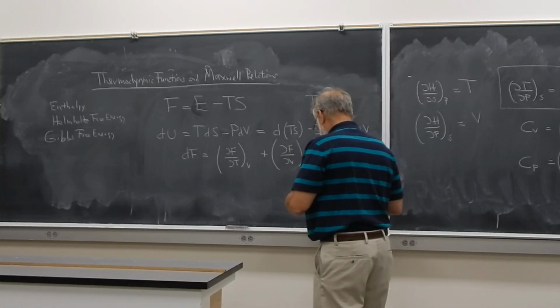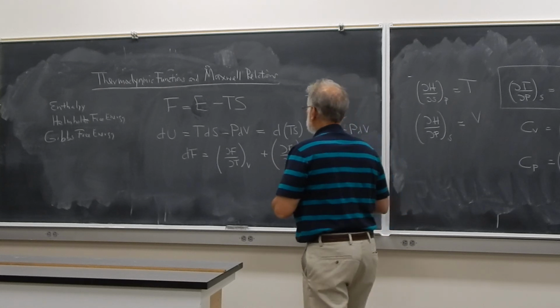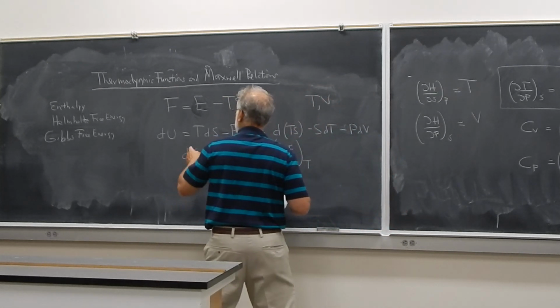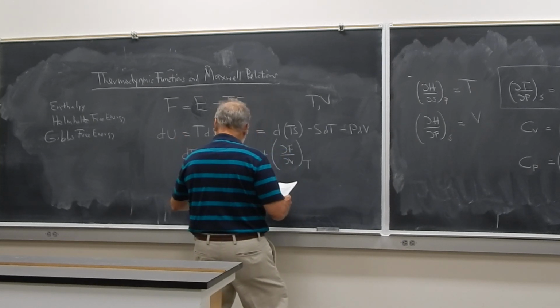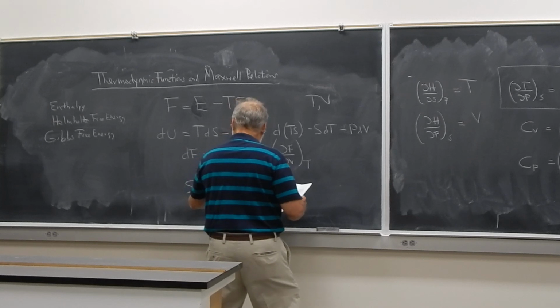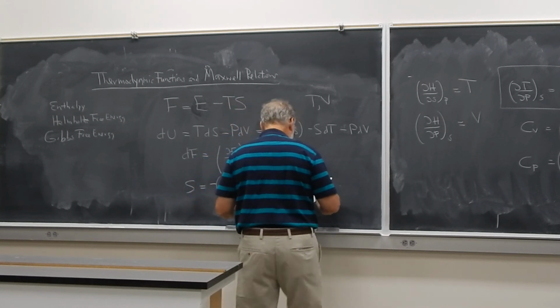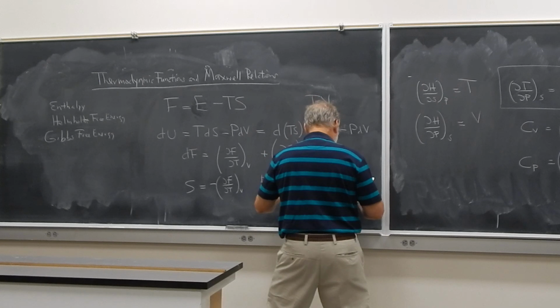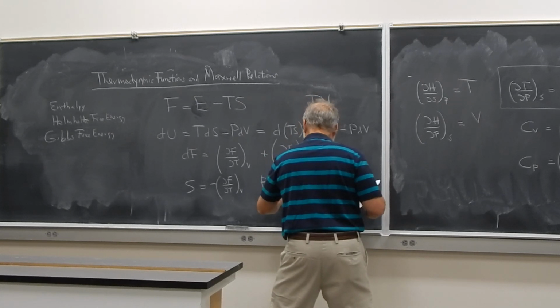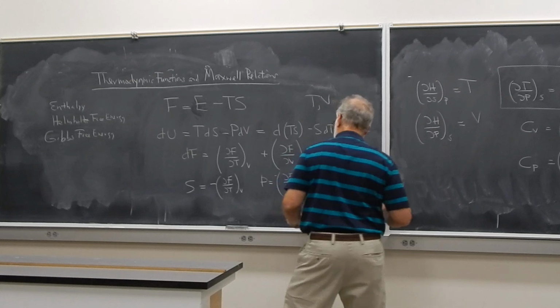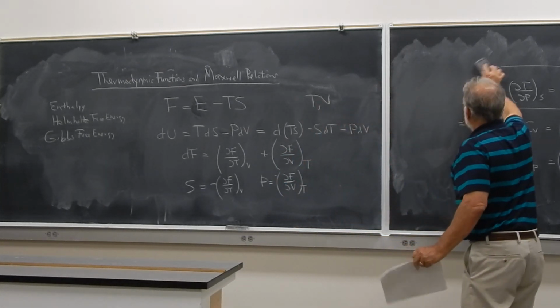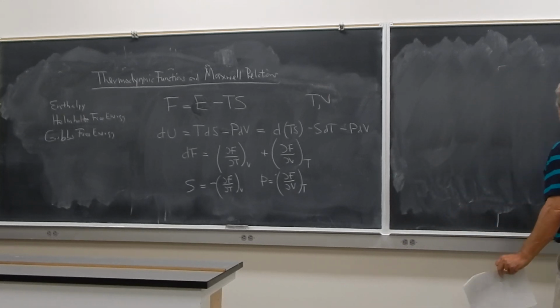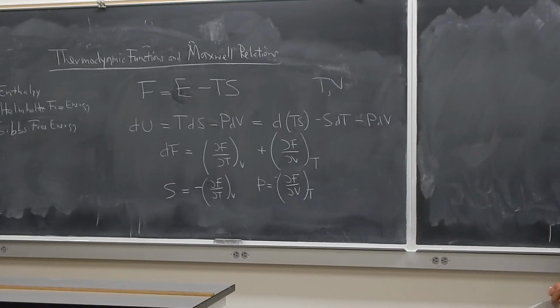If I compare this to my thermodynamic potential equation, or my thermodynamic equation, I get that S is equal to minus dF/dT at constant V. P is equal to minus dF/dV at constant T. Once again, the drill is that the mixed partials of those functions have to be equal because these are exact differentials.